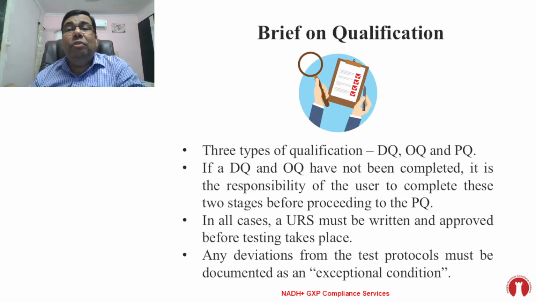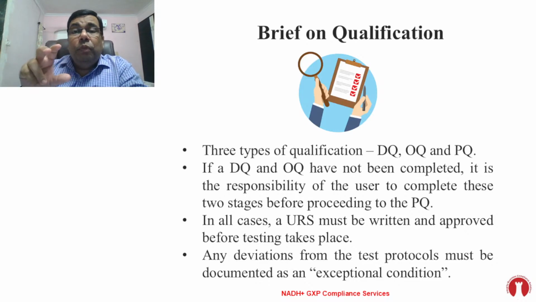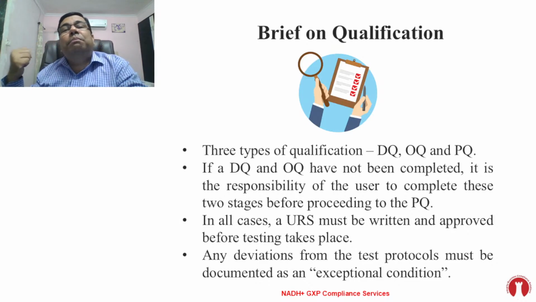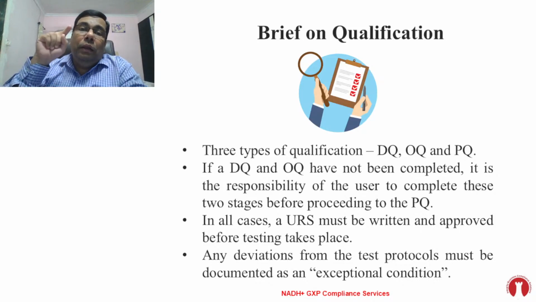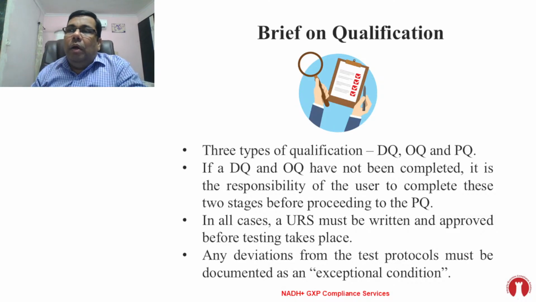That means you are not skipping the information which you would put in the IQ, but you can put that information in the final PQ, because PQ will be done on the actual commercial shipments. We will discuss that in detail, but here I am clarifying why IQ is not a part of the qualification of shipping containers. And of course URS is there, so it should be written and approved.